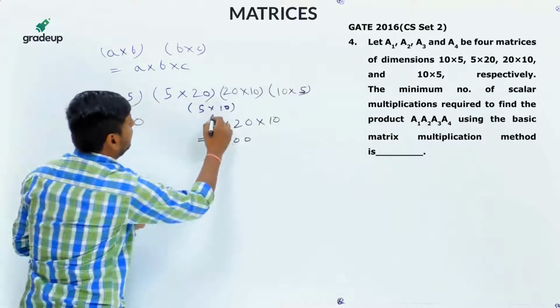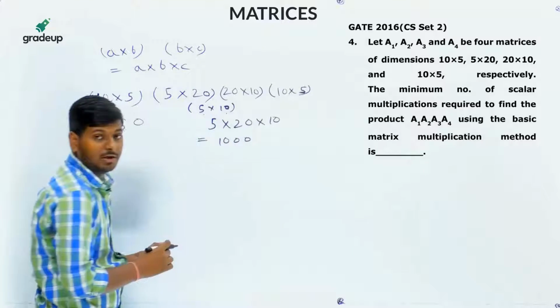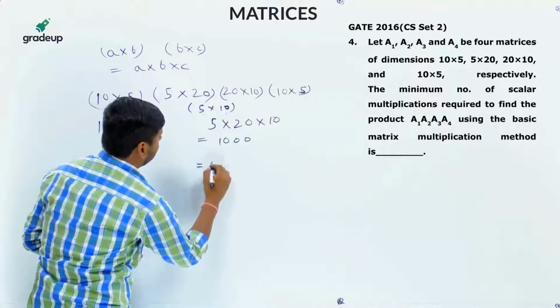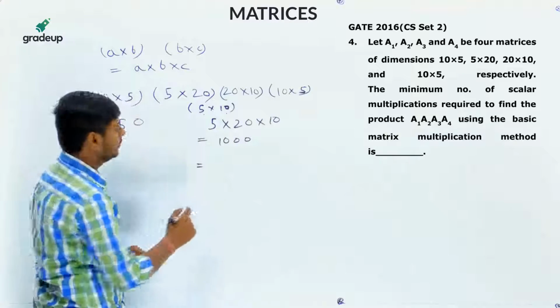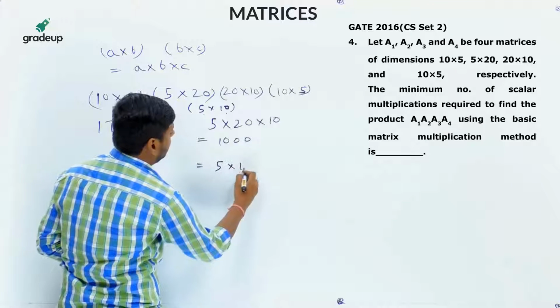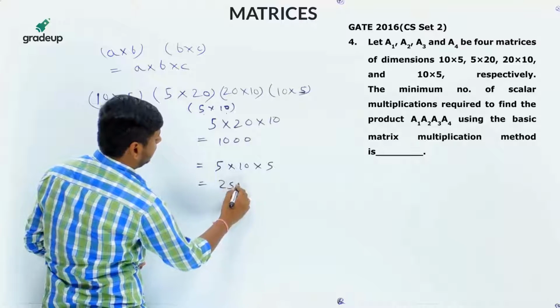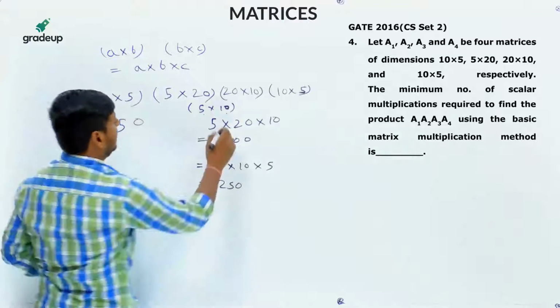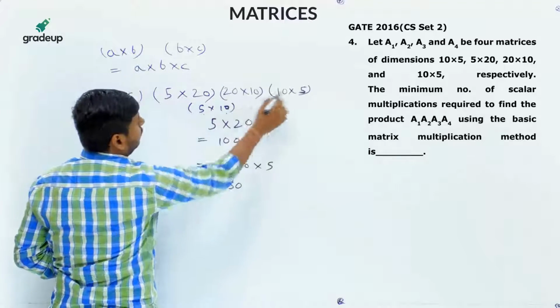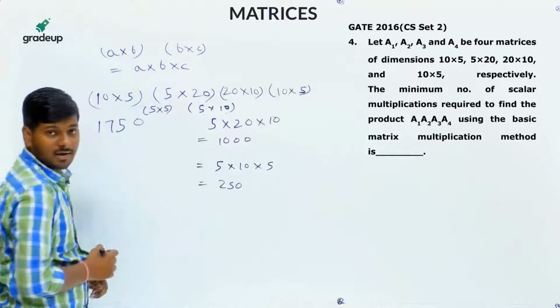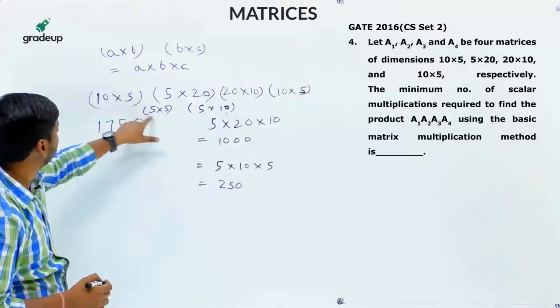So if we multiply the 5 into 10 matrix with the 10 into 5 matrix, the number of multiplications is 5 into 10 into 5, that is equal to 250. Then we get a 5 into 5 matrix. Now we will multiply these two matrices.